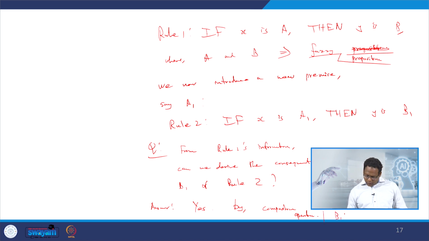Say we need B1, which is nothing but A1 composition the relation matrix R. Okay, so I can write A1 here, A1 composition R. Okay, so it is not the superscript, it is the subscript. Okay, so we have coming out this, that from the rules we can get the consequent of the next two rules by composition, fuzzy composition operations using the relation matrices.